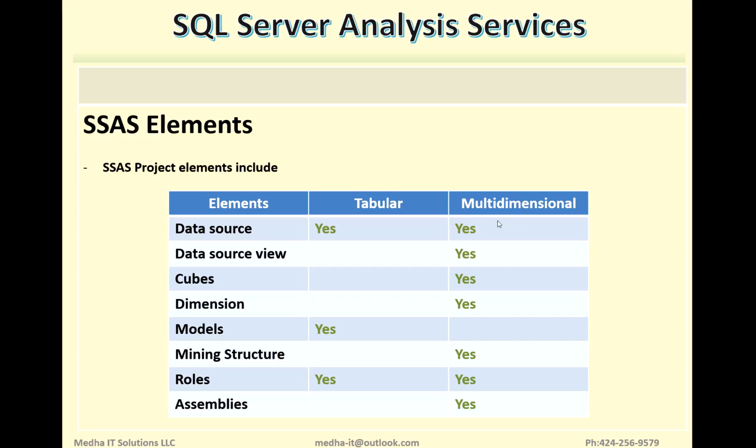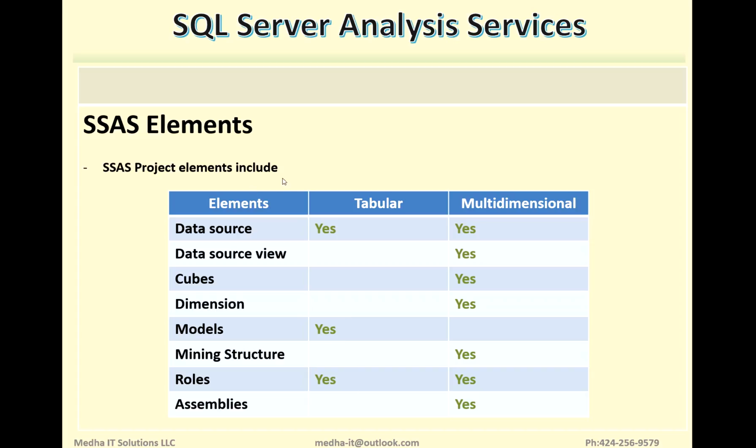If you look at the components within a tabular model, you see data sources, you see models, and you see roles. Okay. So, you do not see dimensions, data source views, cubes, mining structures, or assemblies. All you see is data sources, models, and roles.